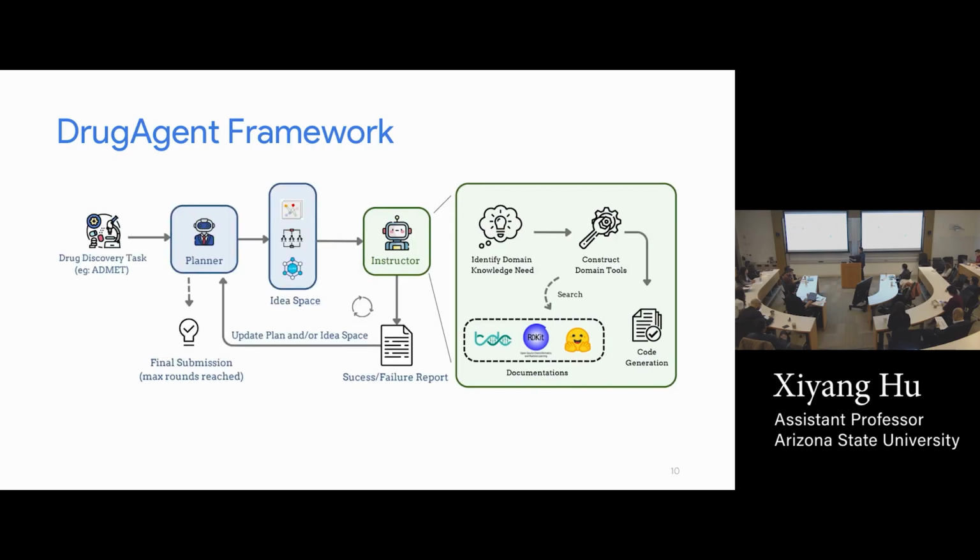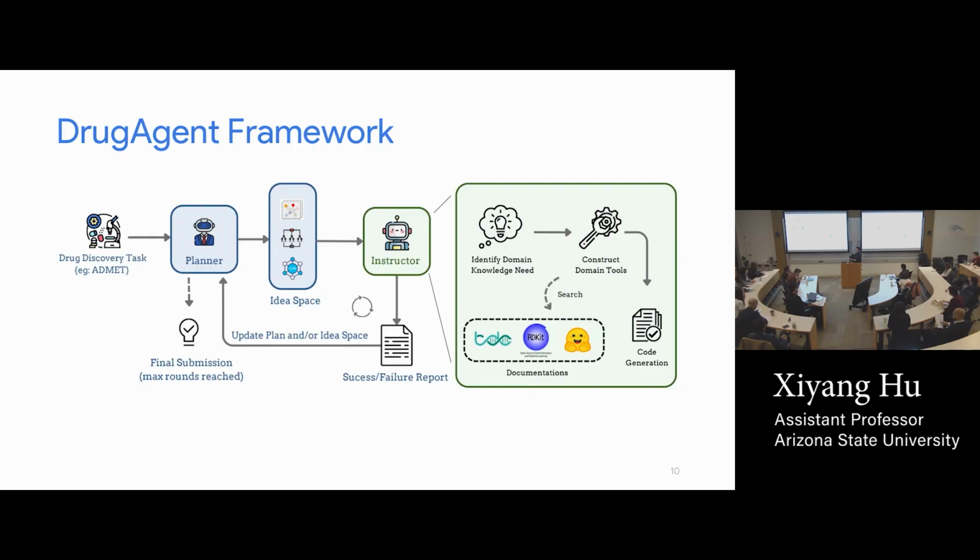Here the planner and instructor work in a continuous iterative loop. Given a task, the planner generates high-level solution ideas, and the solution space is pretty diverse. Within such a diverse high-level idea space, the instructor converts these ideas into Python code.